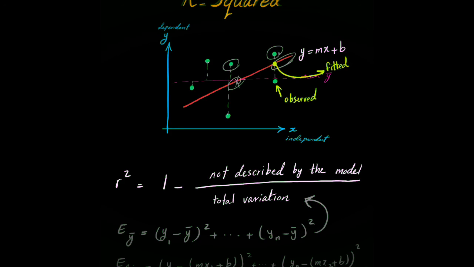But keep in mind that whether or not the R squared is good depends heavily on the subject matter and the application. So you can't say R squared of 0.72 is a good or bad R squared. It really depends on the subject matter and the application.